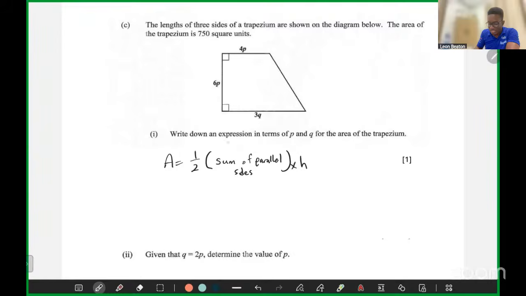They say they want an expression, so we'll just take out the area and the equal sign. So it's half the sum of the parallel sides, and the parallel sides are these two sides here, since it's a trapezium. So this will be half of 4p plus 3q, multiplied by the height, which is 6p. And that is the expression we can have.